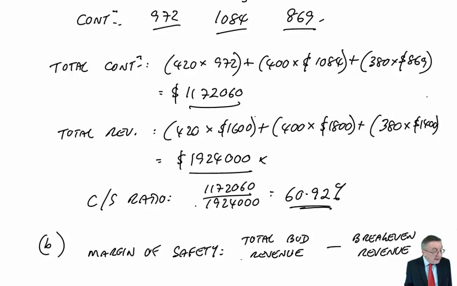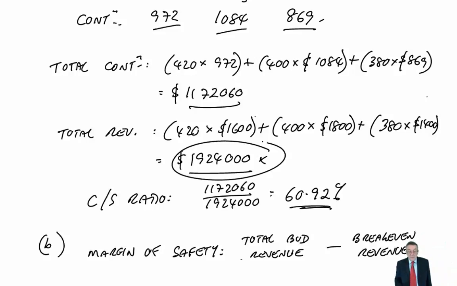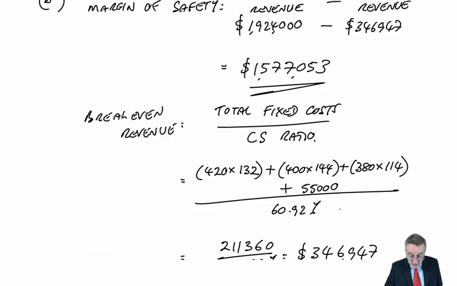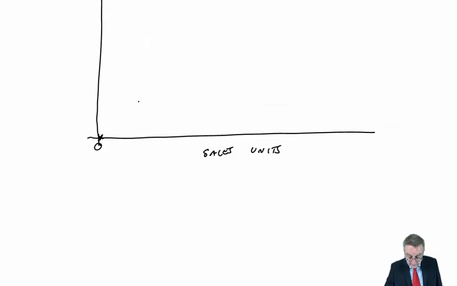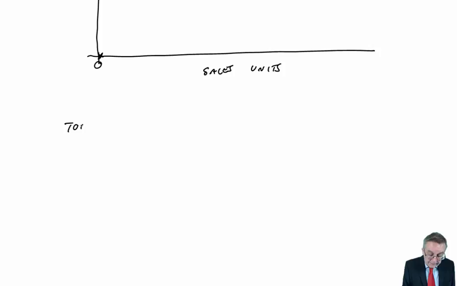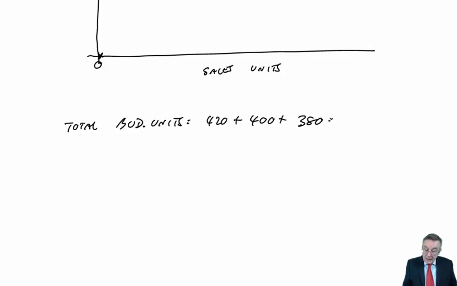We worked out that if we sell the budgeted units, we'll get 1,924 revenue, 1.924 million. And how many units would that be? Budgeted units, 420 of T, 400 of C, 380 of R. In total, that's how many?